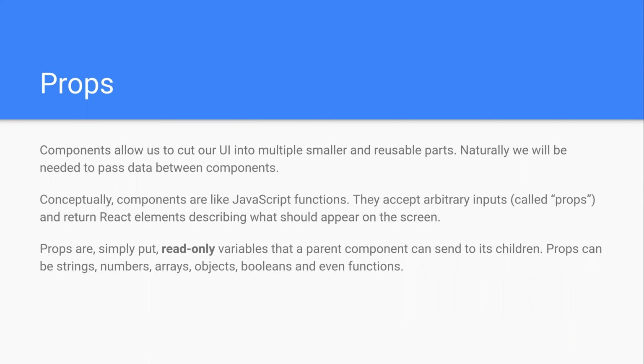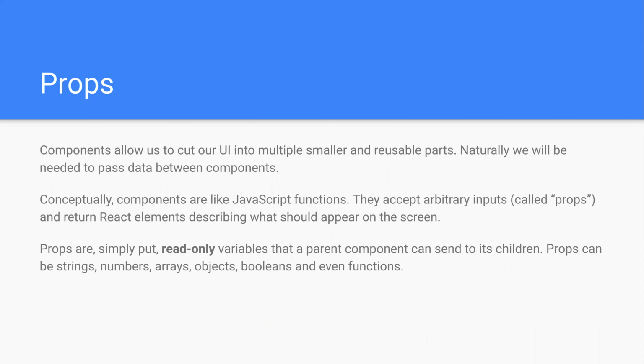So props are basically, simply put, read-only variables that can go from a parent to its children. So props can't be changed by the child, and children can't pass props to their parents. It's the parent that passes props to its children in only one direction. And props can be anything. They can be strings, numbers, arrays, objects, booleans, and basically even functions as well.